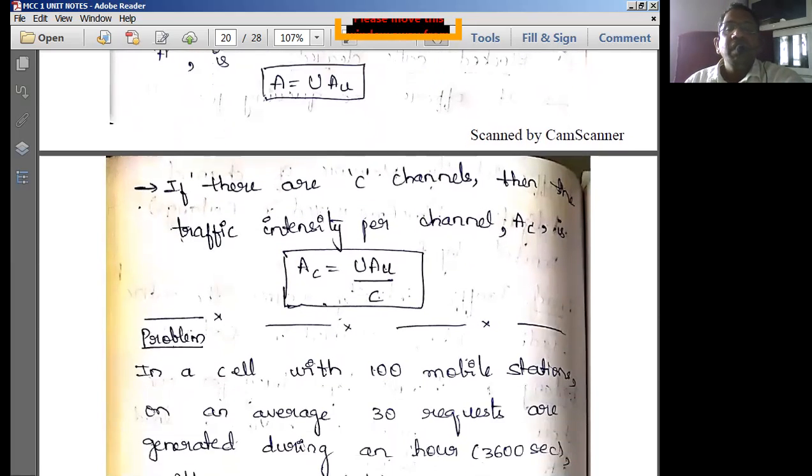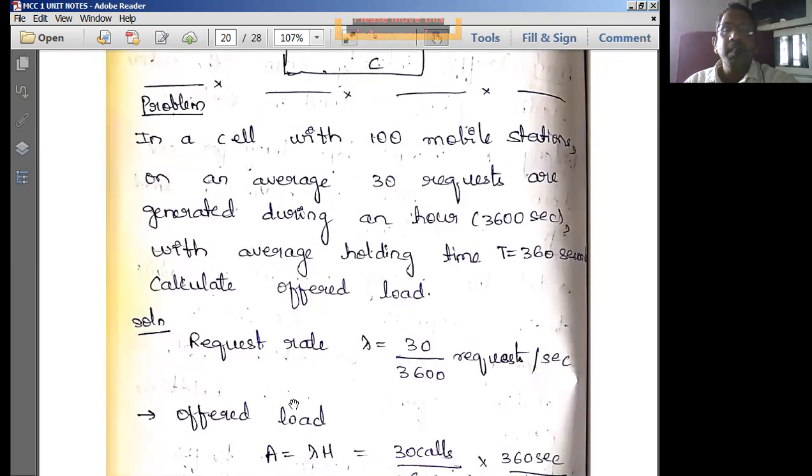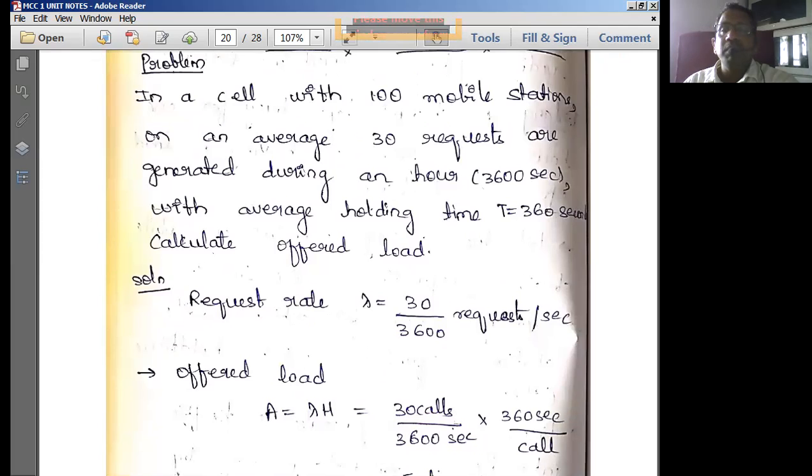If there are C channels in the system, what is the traffic intensity per channel? It is U Au divided by C. This is the formula we will use to perform some problems.